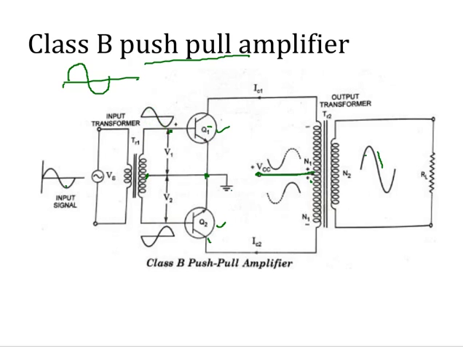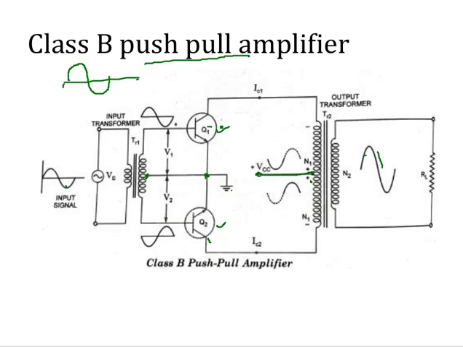The transistors Q1 and Q2 are driven by these signals. Now when V1 is going positive, V2 is going negative. So the transistor Q2 is biased off, and transistor Q1 is biased on.